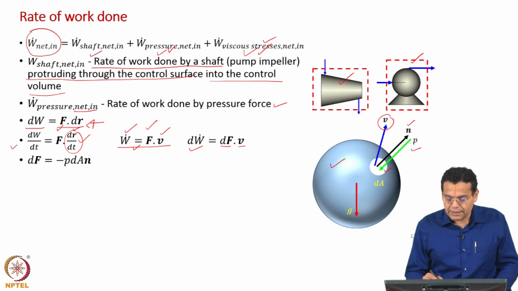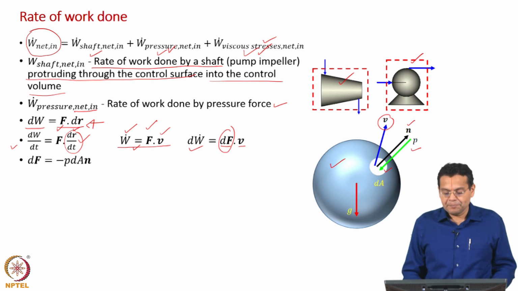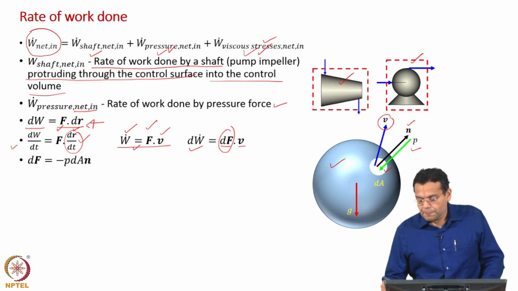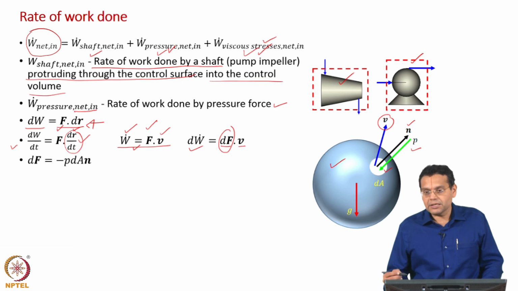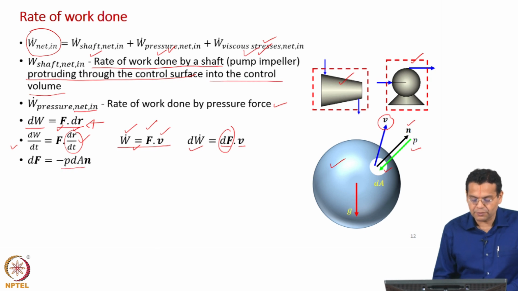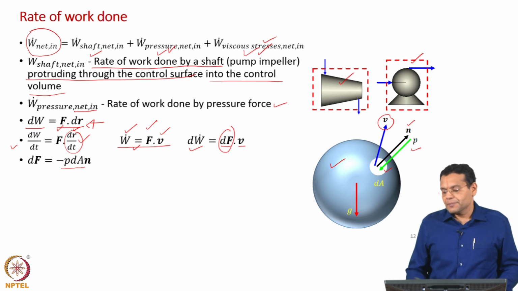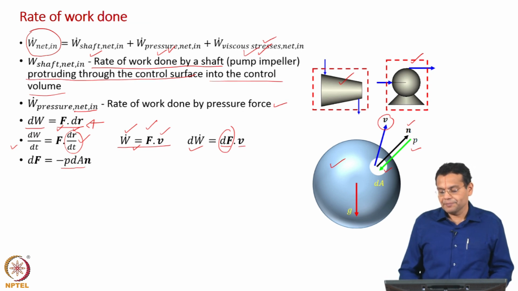Now, this is a very general expression, what we have discussed is a very general expression. What is the differential force relevant to us? Okay. Now, we are discussing the force due to pressure. So, that is given by pressure into area over which it acts. So, P into dA. Coming to the direction, n is the outward drawn normal vector and P is the pressure, and we know that pressure is a compressive force which always acts into the control volume.